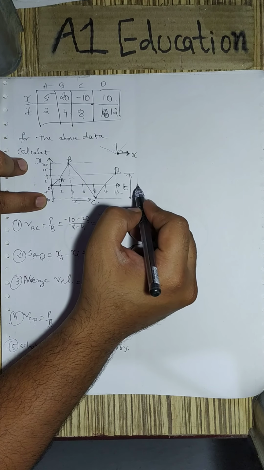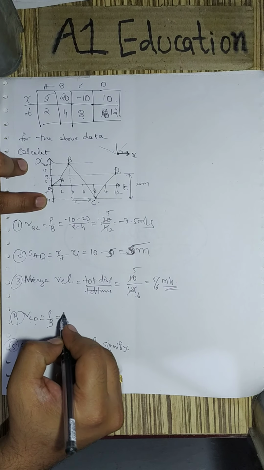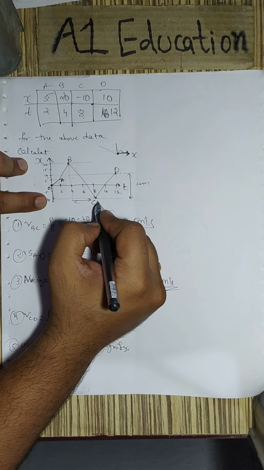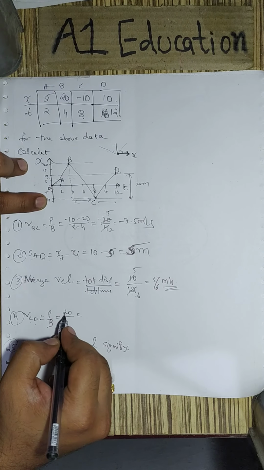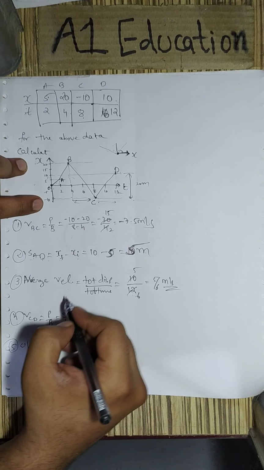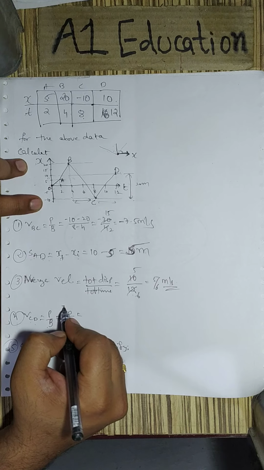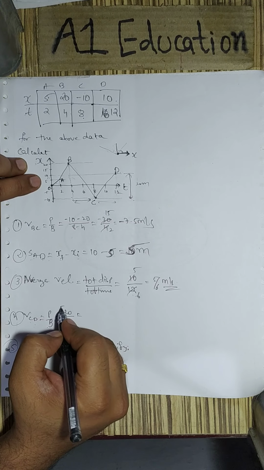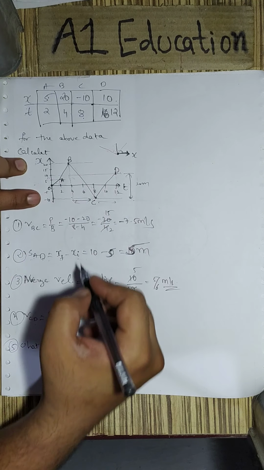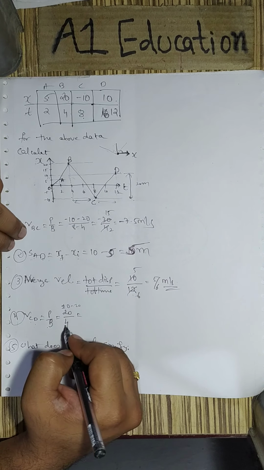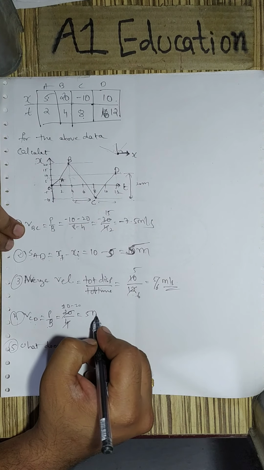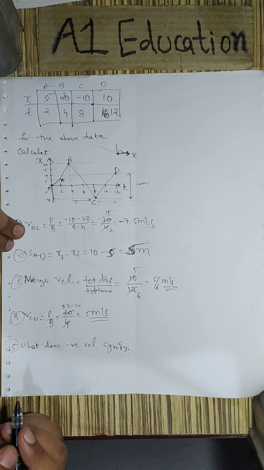So total height will be 20 meters. And the base is final minus initial, so 12 minus 8, 4. Final is 10 at D, and initial is minus 10, so 10 minus minus 10 becomes 20. If you calculate, it will be 5 meters per second, the velocity in CD.